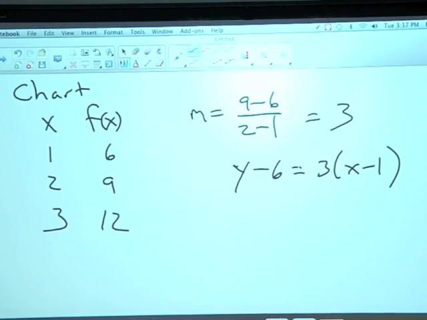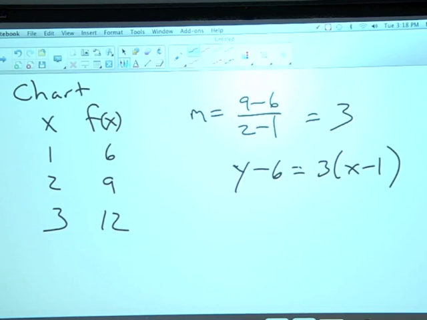Word problems, you do have some of those. Again, from the words, come up with the equation that goes with the information. Okay? So in order for lines to be parallel, they must have the same slope. In order for lines to be perpendicular, they must be negative reciprocals of each other.